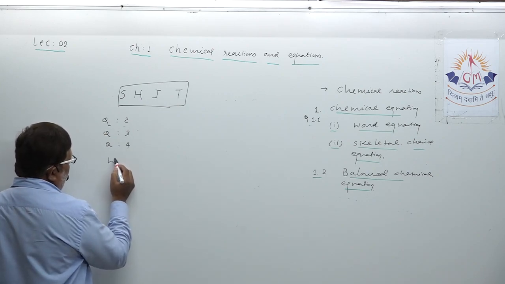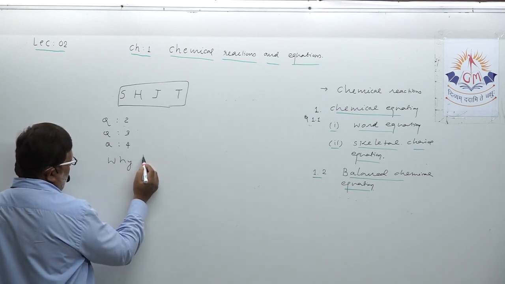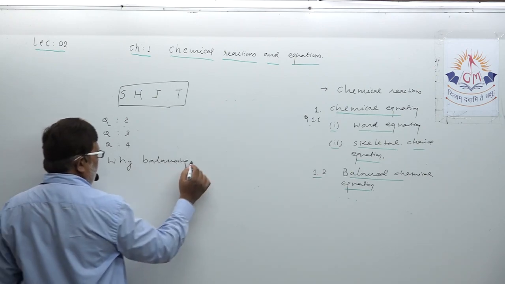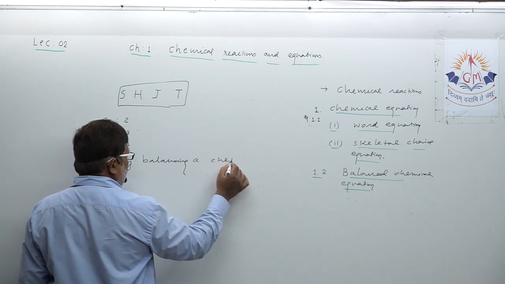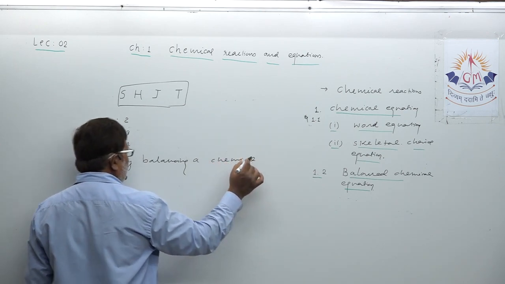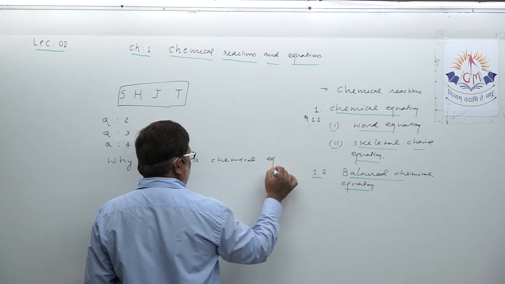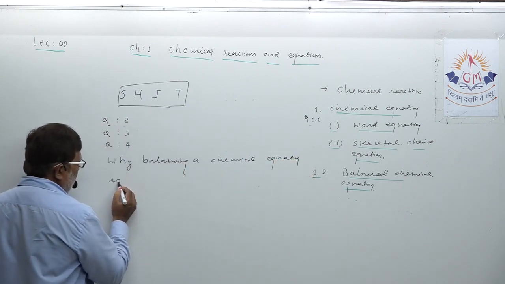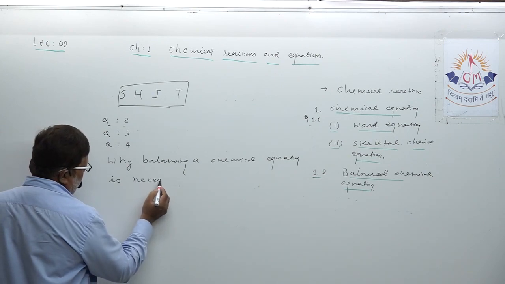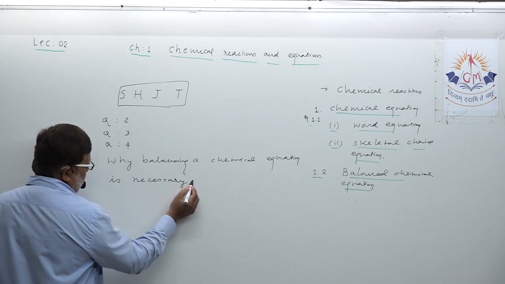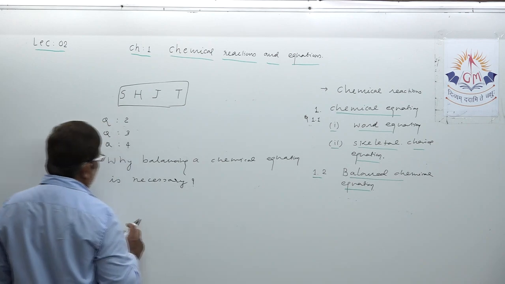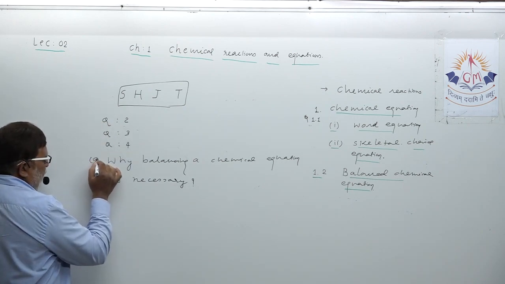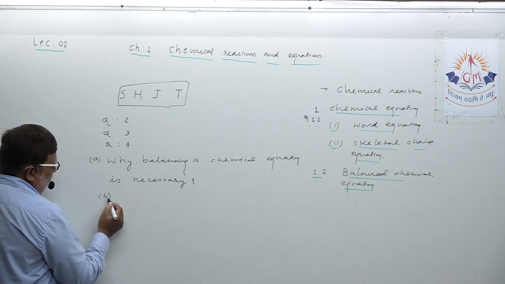Question 2, question 3, question 4, and one SLP I am writing here. Okay: why balancing a chemical equation is necessary. This is one question for you in SLP. I am not giving any number, let us say A and B also.